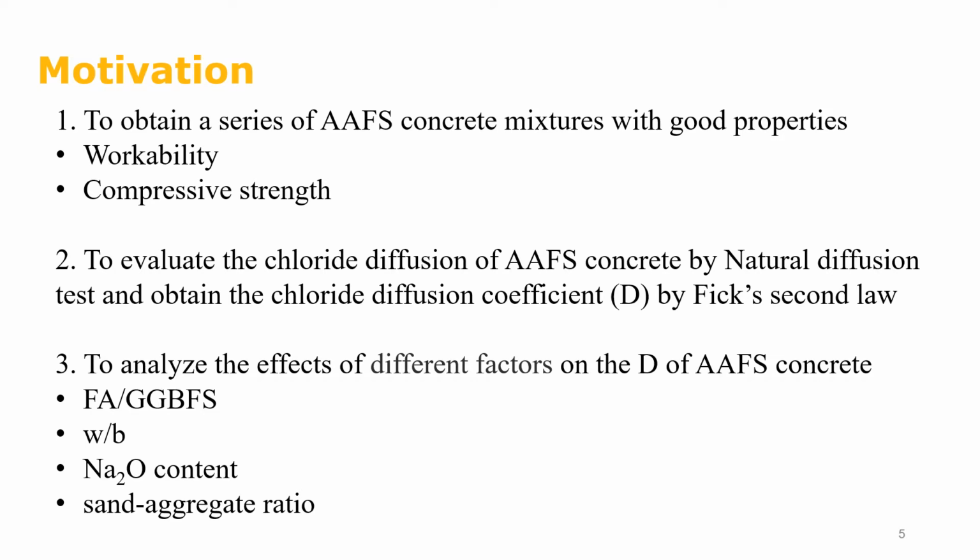Firstly, we get the mixtures with good properties, including workability and compressive strength. After that, we evaluate the chloride diffusion by natural diffusion test and get the chloride diffusion coefficient. Finally, we discuss the effect of different factors, including fly ash-slag ratio, water-to-binder ratio, alkali content, and sand aggregate ratio.